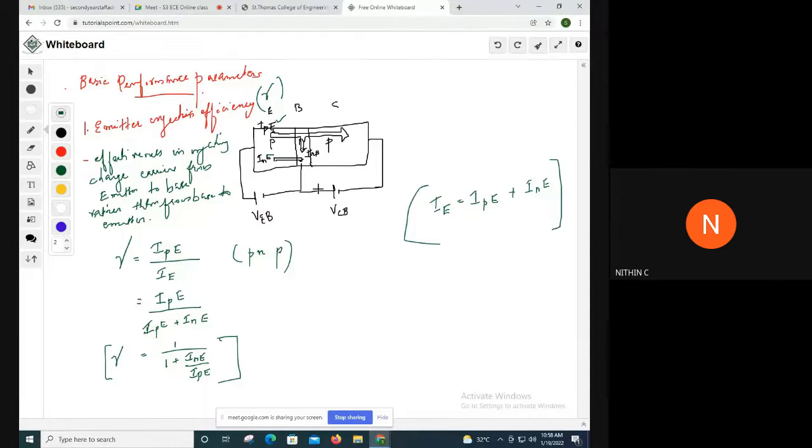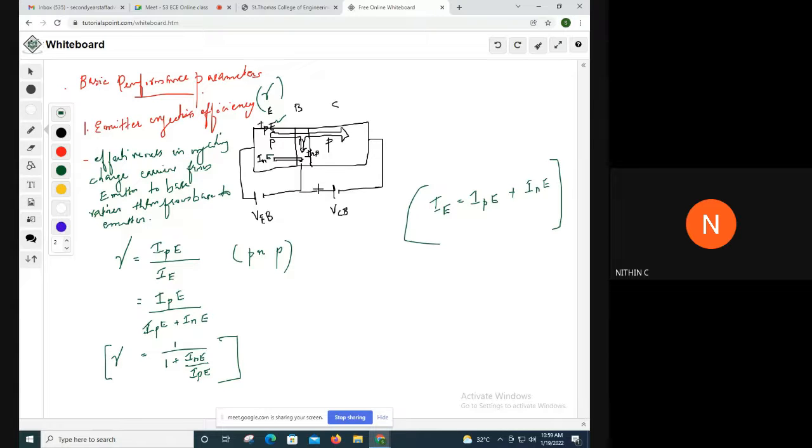Have you completed writing this? Okay, now my question to you from this expression is: what can we do in order to maximize the injection efficiency?